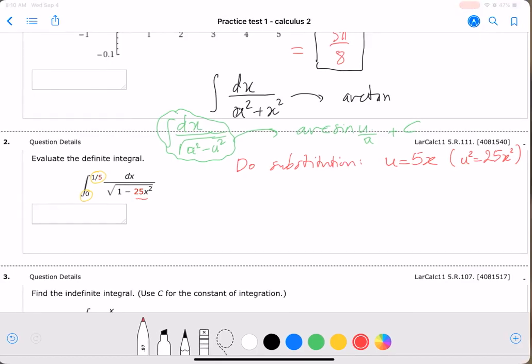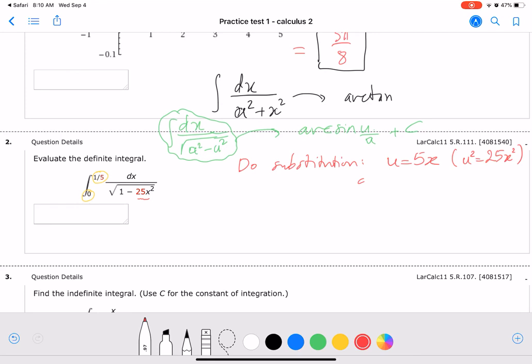After this, I have to find du right away. I find du as 5 dx, and so we can solve for dx, that is just du over 5. And now I have to rewrite our original integral in terms of u.